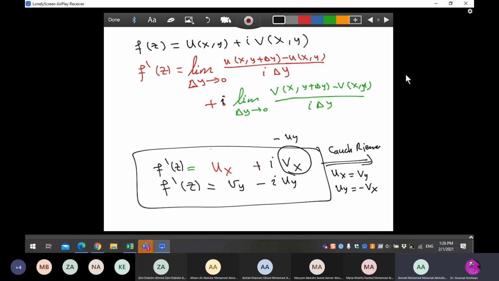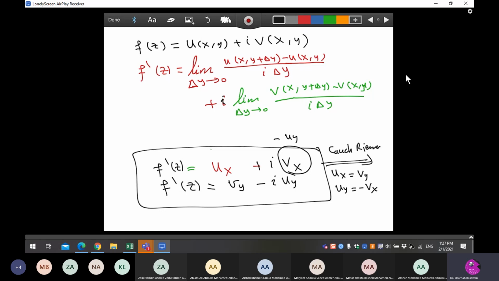So I can have the formula for this one. If I know one of the parts of my function, I can find the derivative. It's no problem if I have only one part of my function to find the derivative. This is the most important part in the complex function.